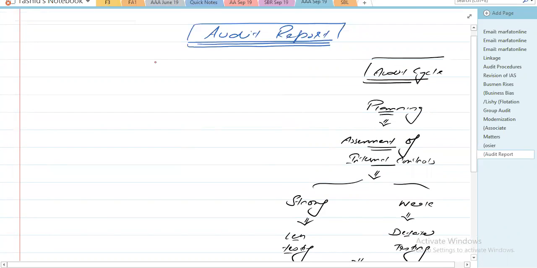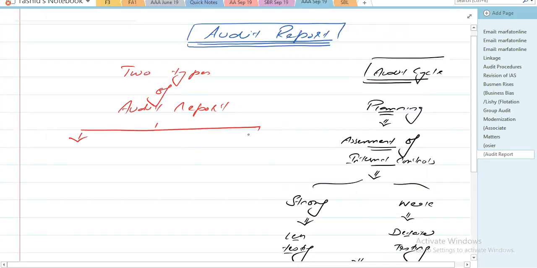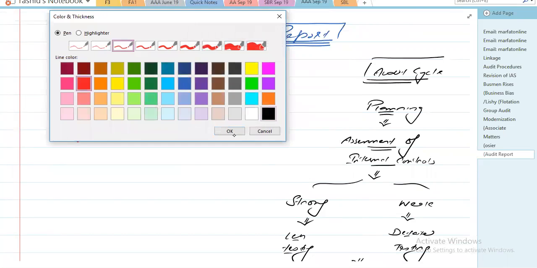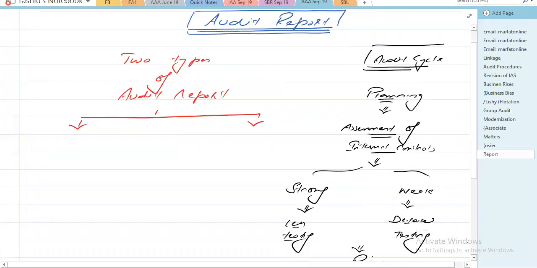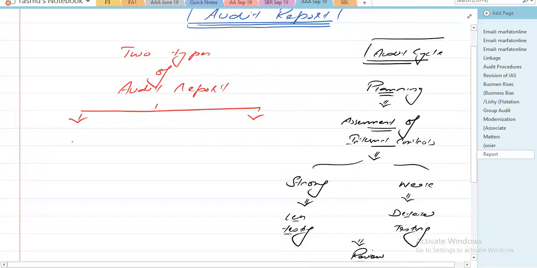Now, broadly speaking, there are two types of the audit report. Number one is unmodified audit report.